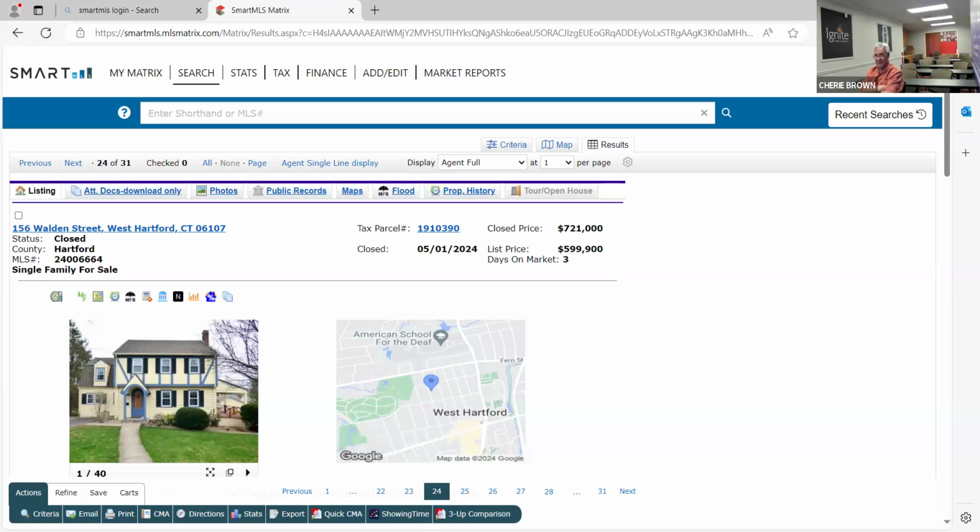But based on this market right now, the lack of inventory and still the buyer demand, and just looking at these properties, which are all very recent, all current, it seems that pricing it in the lower fives would be totally acceptable, and I think it would be the right way to go versus shooting for a higher mark that doesn't really resonate with the marketplace.